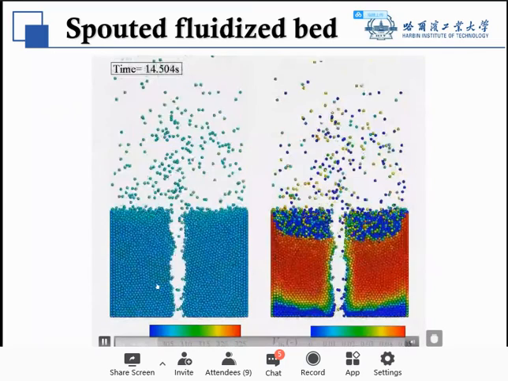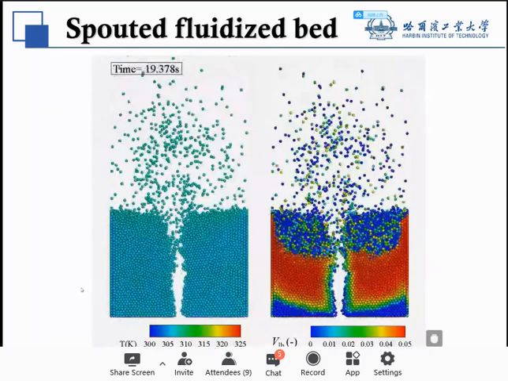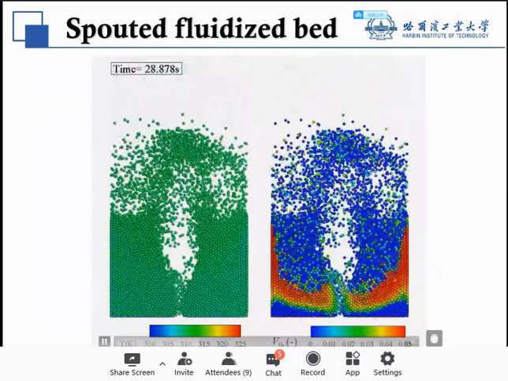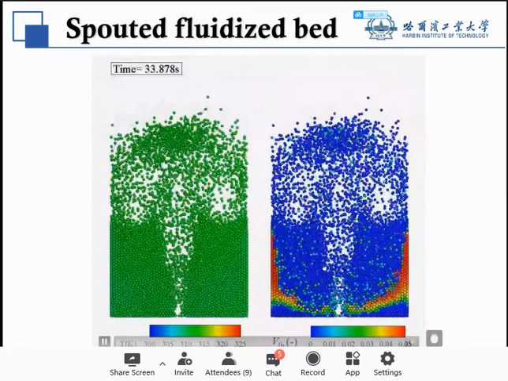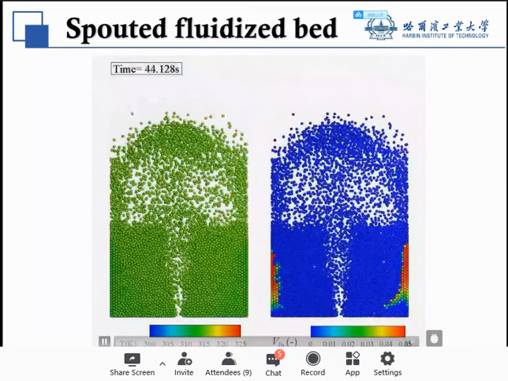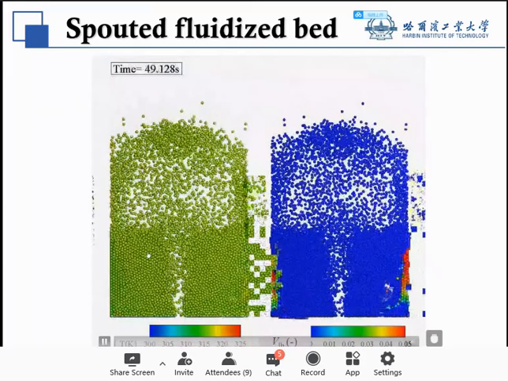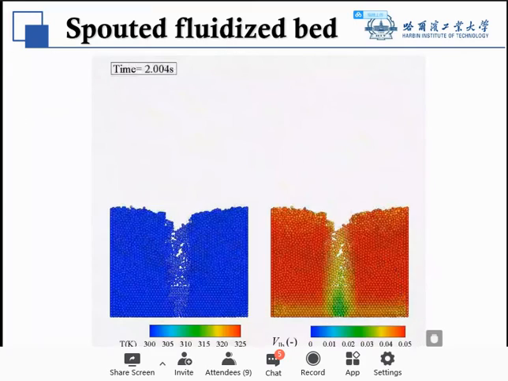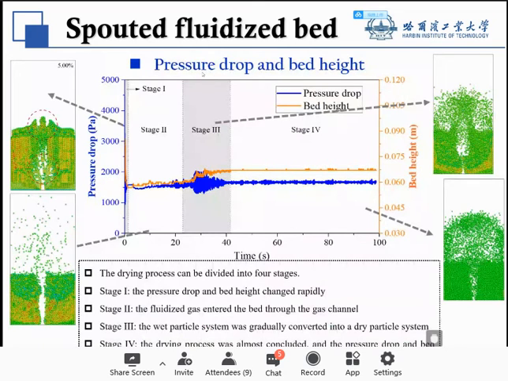With the gas fluidizing particles and with the water evaporation during the drying process, we can see that particles are fluidized gradually. On this page, we analyze the pressure drop and bed height for the drying process.